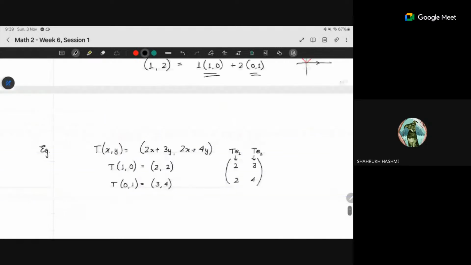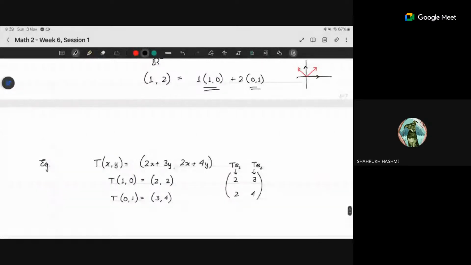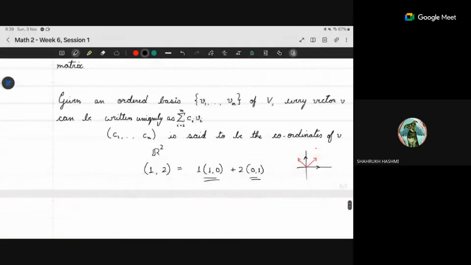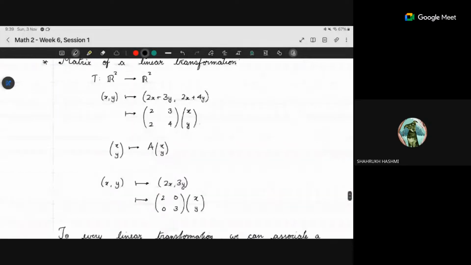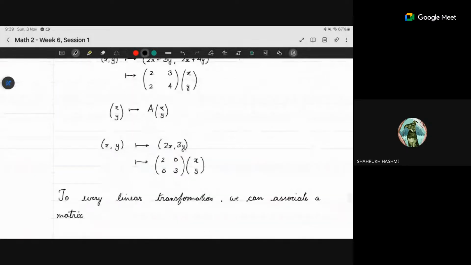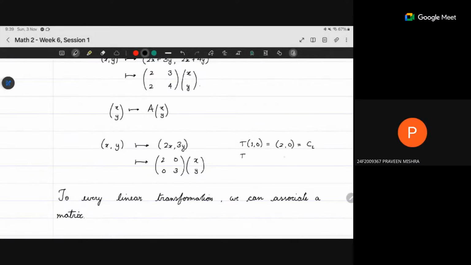So in this example, at least, the columns of what we call the matrix of the linear transformation are actually the images of the basis vectors, right? And what about the second example? We have (2x, 3y). What is T of (1, 0)? It's (2, 0), which is C1.